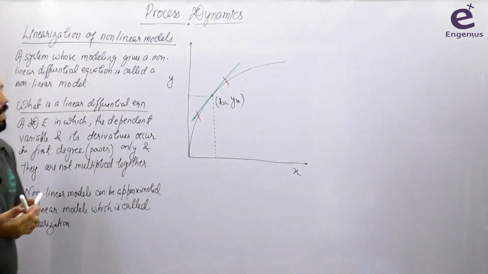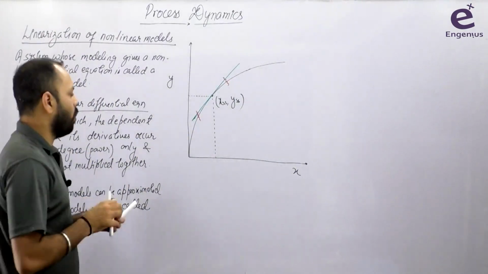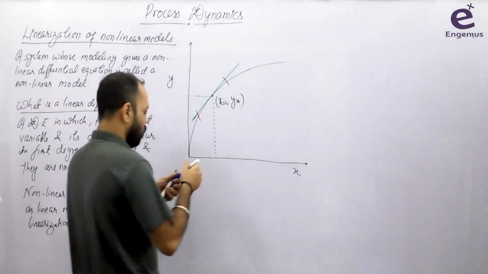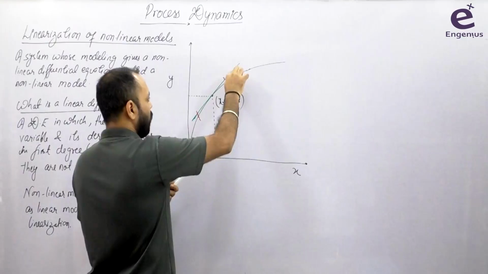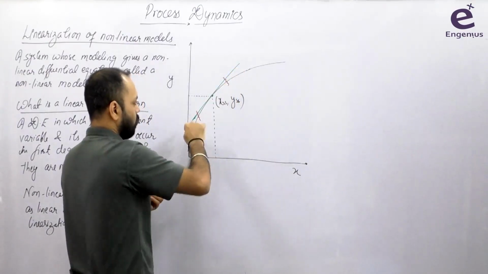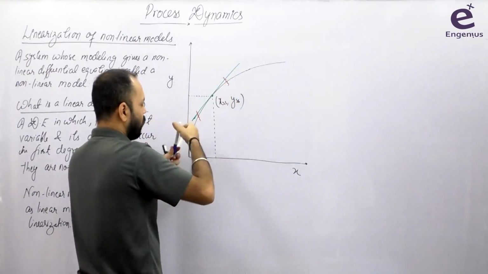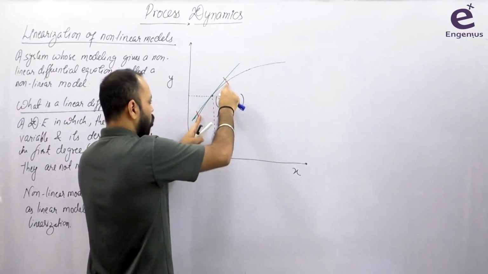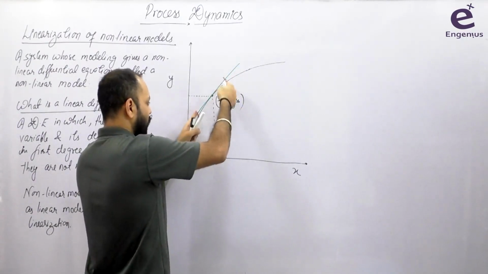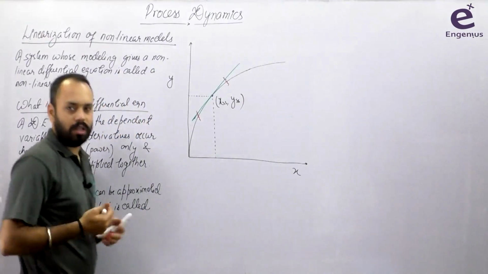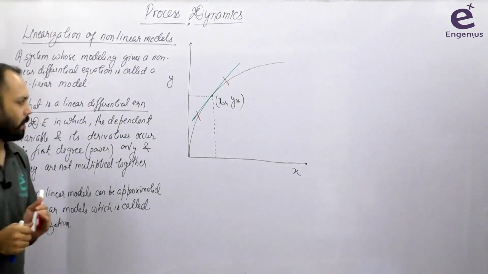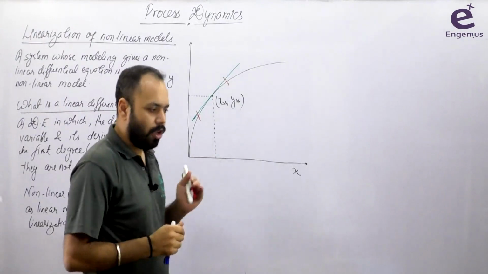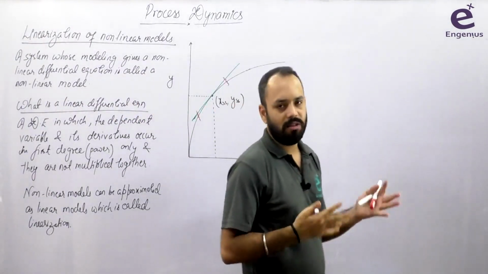But beyond that, there will be a possibility of significant error, right? This is error actually, but that can be ignored here. What I can assume is that this graph is almost equal to this green line in this region. This is called linearization. Assuming that a non-linear function is behaving like a linear function is called linearization.